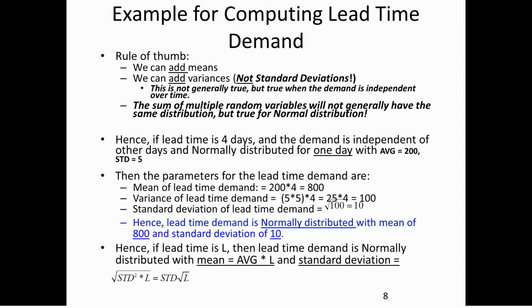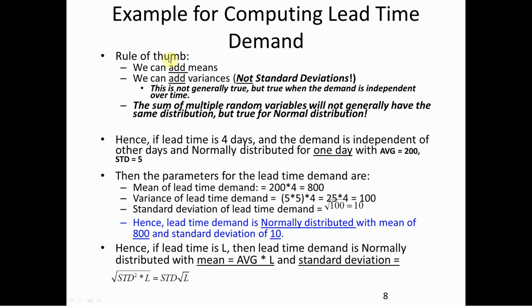Now, a rule of thumb, the reason why it's different than you might think is because in general there's no way to do this without making some sort of assumptions. So we're going to assume that the demand is normally distributed, and that over the lead time the demand is constant and identically normally distributed. In other words, the demand does not change over the lead time, and there's no relationship between one day and the next.